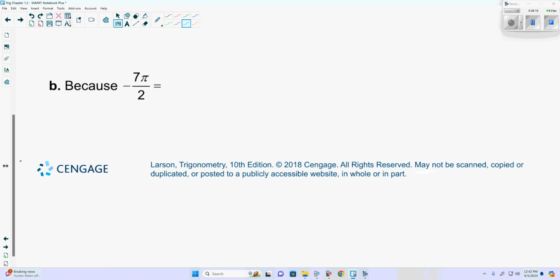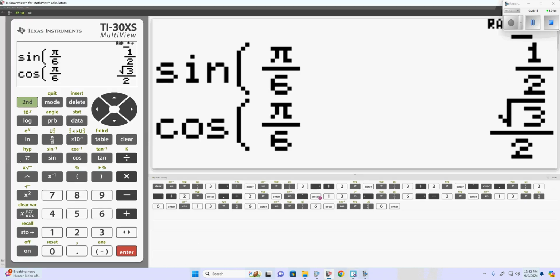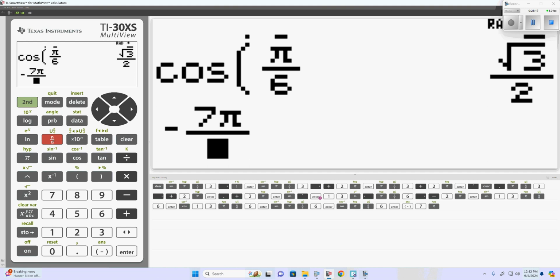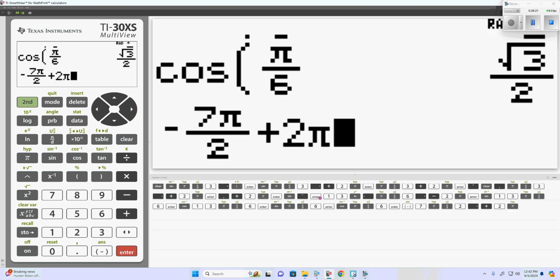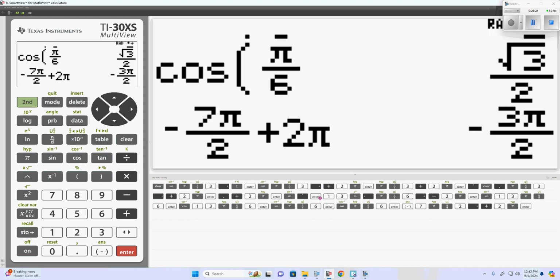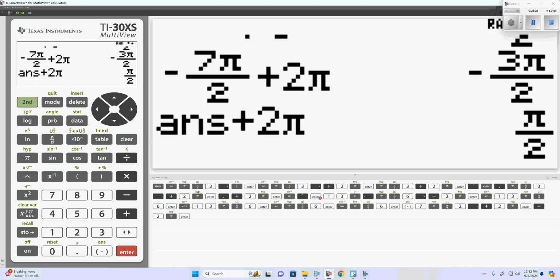Negative 7 pi over 2. Since it's a negative angle, we can add 2 pi to get it back being positive. Well, that didn't work because it's too small. We added again, so pi over 2.